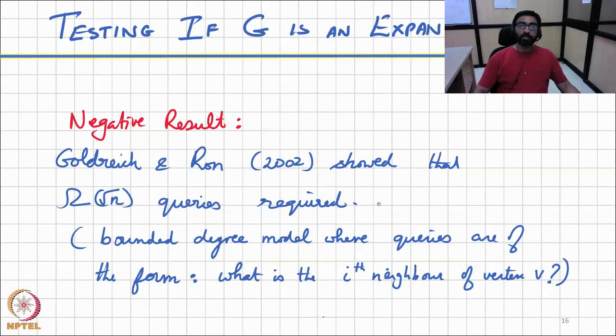the two people who introduced this problem were Goldreich and Ron, and they showed that you need at least big Omega of square root of n queries in order to be able to separate graphs that are good expanders versus graphs that are not so good expanders.